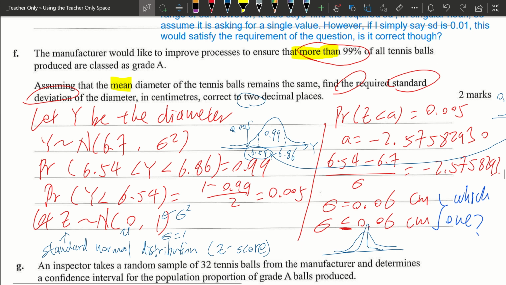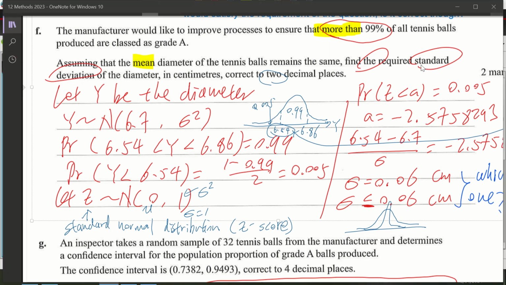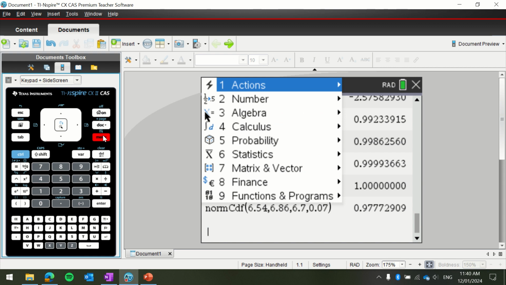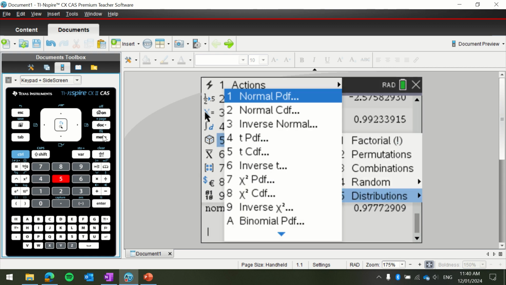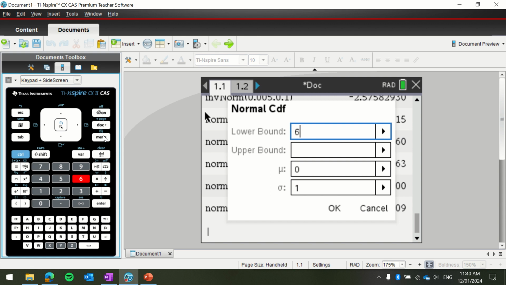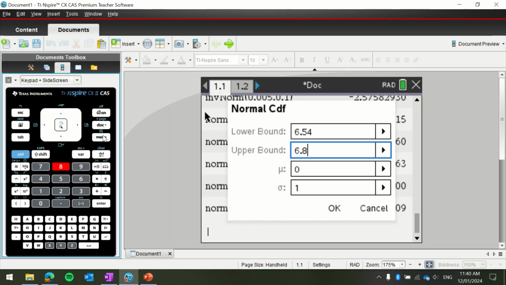Which means technically, if I just guess, right? If I type those in, I need the balls to be between 6.54 and 6.86, with 6.7 for the mean.